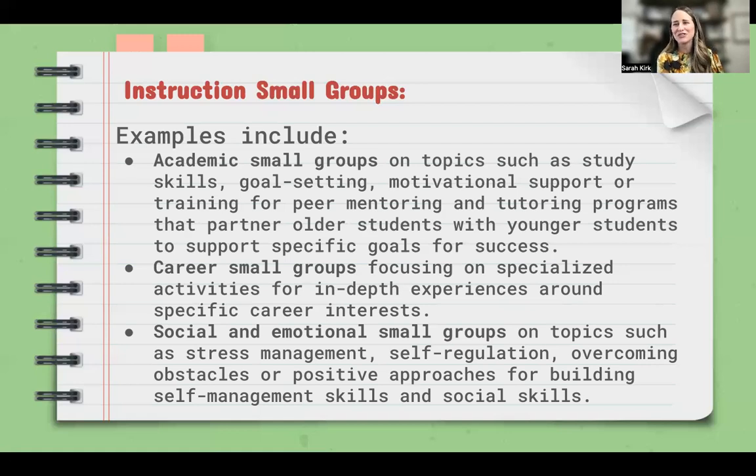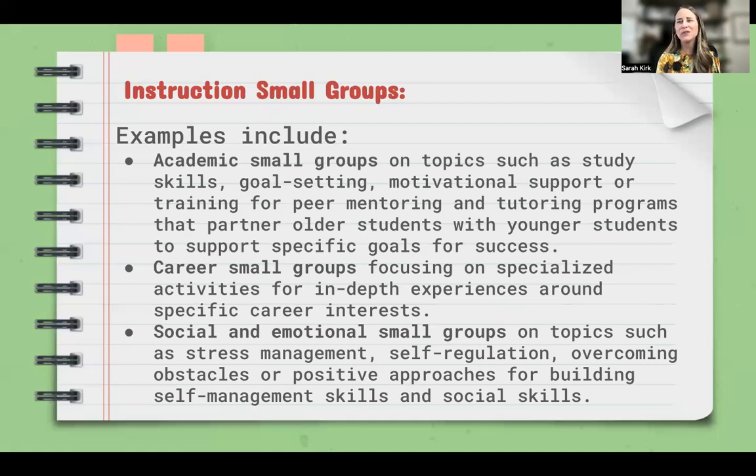And then social emotional small groups, definitely the most popular, especially for my elementary friends. These are those small groups that are topics like stress management. We're providing instruction on stress management skills, how to effectively manage stress, or self regulation, or overcoming obstacles, or positive approaches for building self management or social skills.